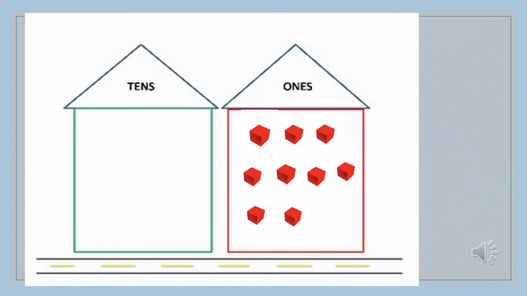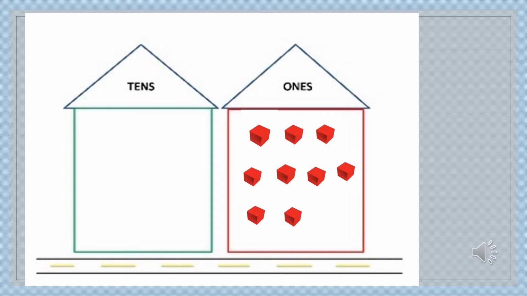Okay children, you can see on the screen now there are two houses. That is tens house and ones house. And you all know that all two-digit numbers have two places, or we can also say they have two houses, that is tens and ones.